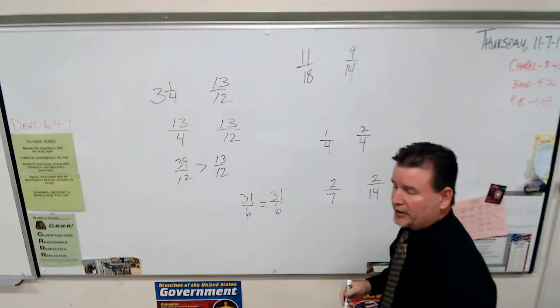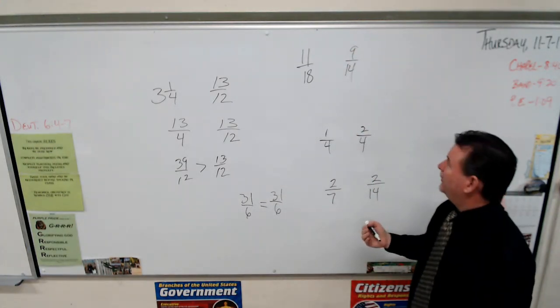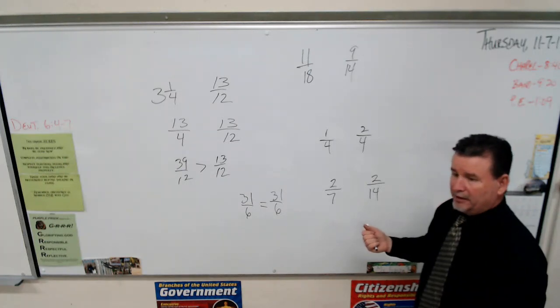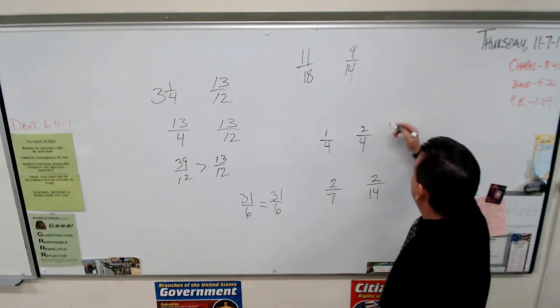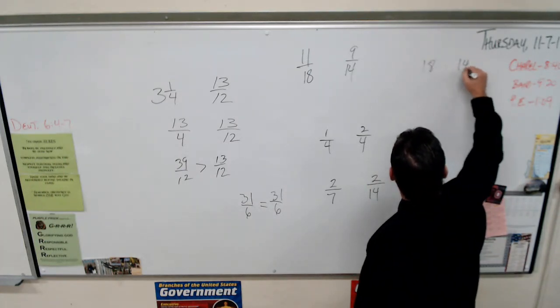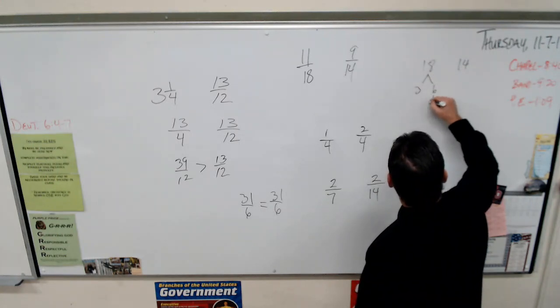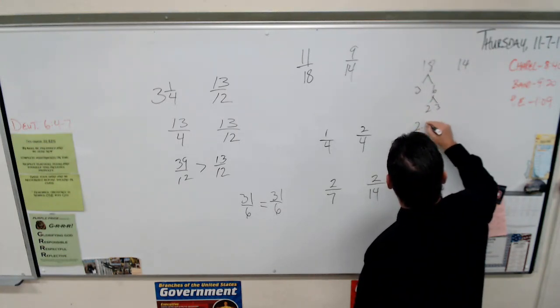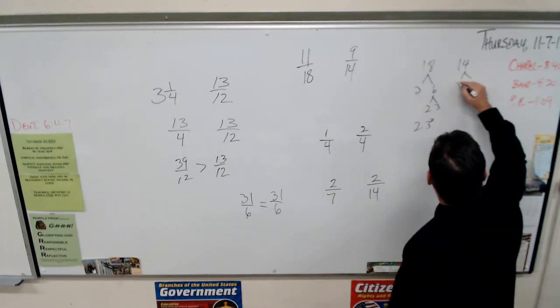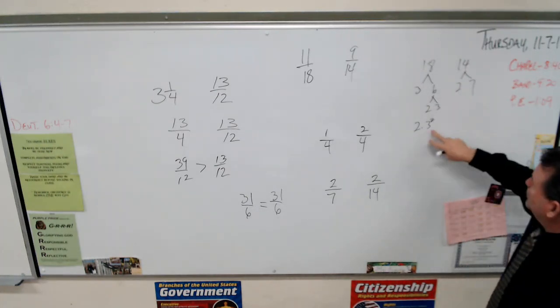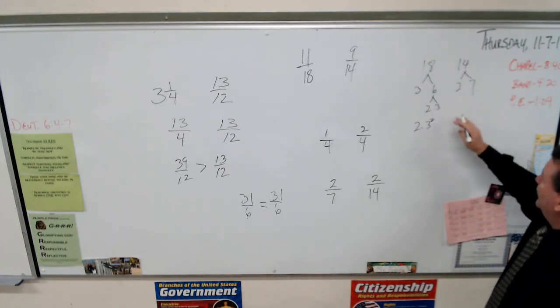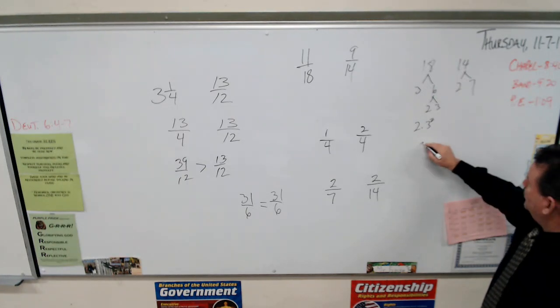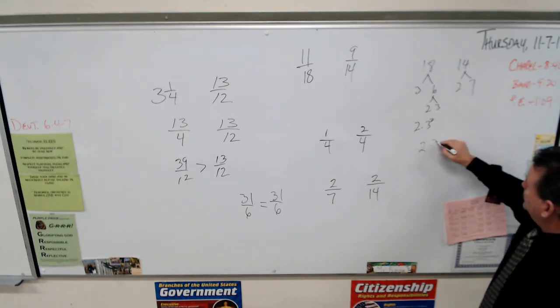Okay, got to give them the same name, same denominator. Let's see. If I do the prime factorization, 2 times 3 squared, 2 times 7. I have to use the 2, the 3, and the 7. 2 to the first power is the greatest power. 3 squared is the greatest power.